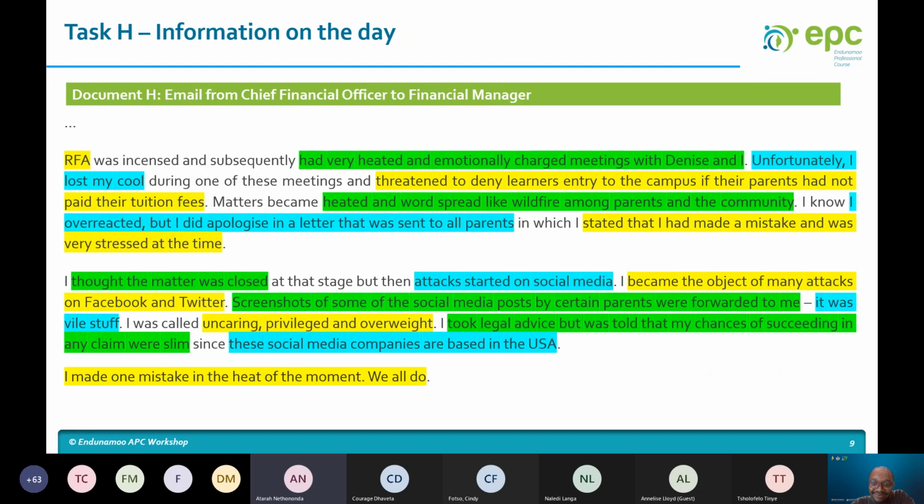I said by saying that, first of all, you were not acting within our core values, because threatening to deny learners entry is not kindness to yourself and others. And also it was not respectful the way you dealt with this matter. It's also one of our core values that says respect for others and for the environment, right?